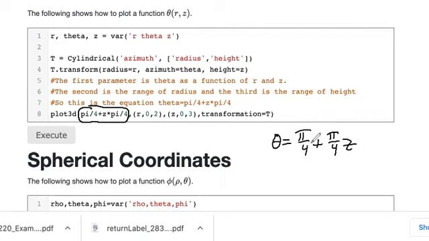Okay, so interesting. So our angle is going to depend on the z value, all right? So when z is 0, it looks like the angle is pi fourths. So let's just think about that. So in the plane z equals 0, theta being equal to pi fourths, all the points in the plane with theta being pi fourths, let's think about that.